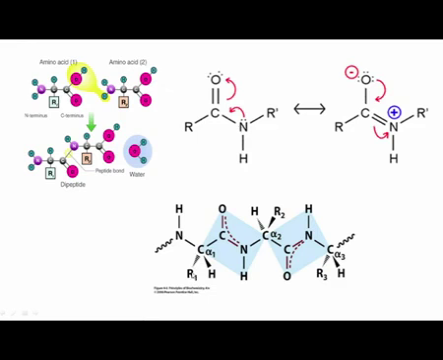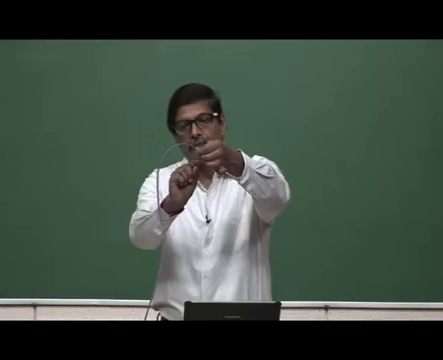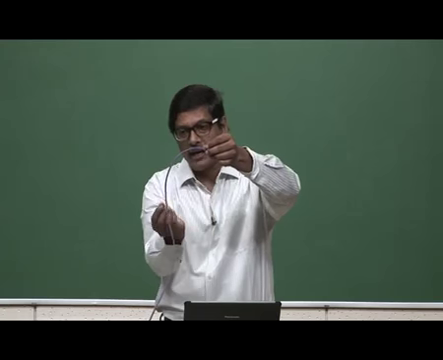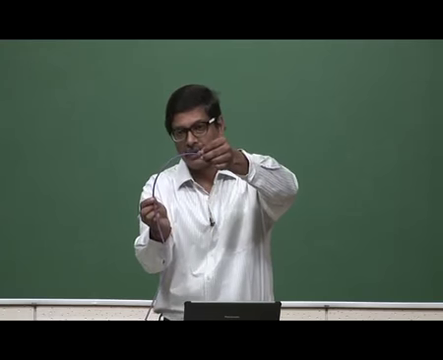So, just imagine you have a positively charged R group here, let us say lysine, and then you have a negatively charged R group here or later down somewhere in the series. Then there is a possibility of this entire chain wrapping around like this. So, you have a positively charged amino acid R group hanging right here, and then a negatively charged R group hanging right here.